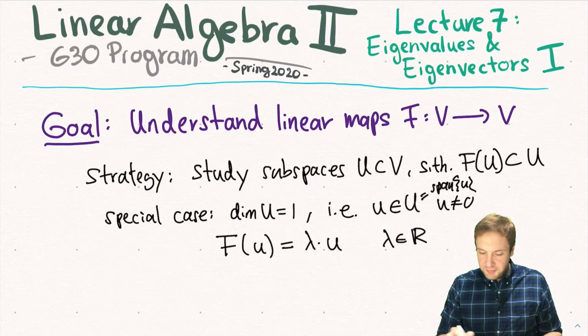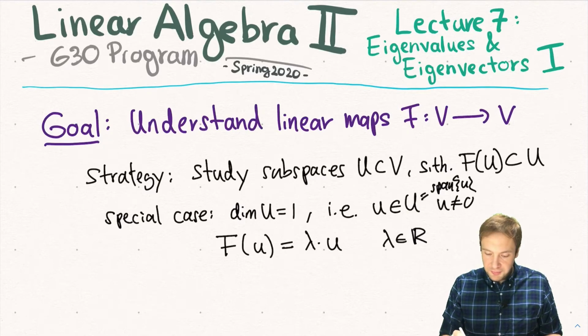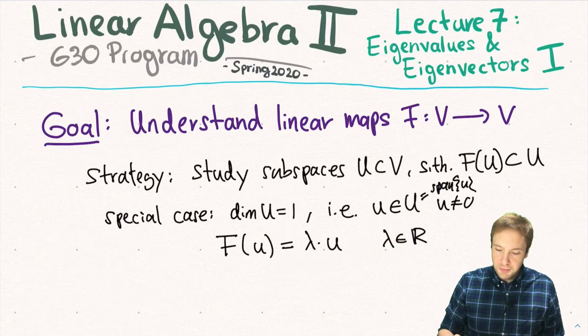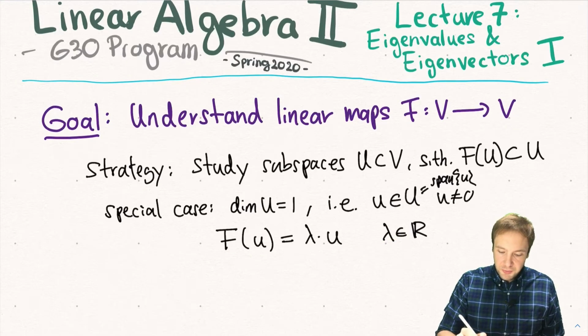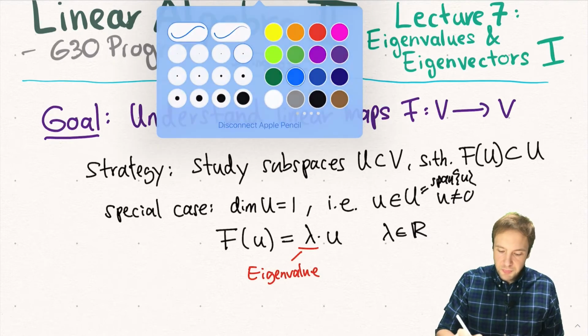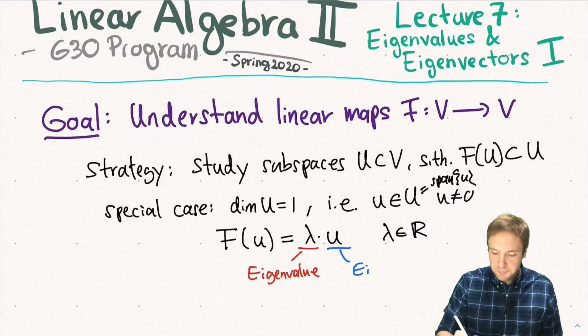And these subspaces are interesting, and these vectors u and lambdas are one example of an eigenvalue and eigenvector. So this number lambda will be called an eigenvalue, and this u will be called an eigenvector.